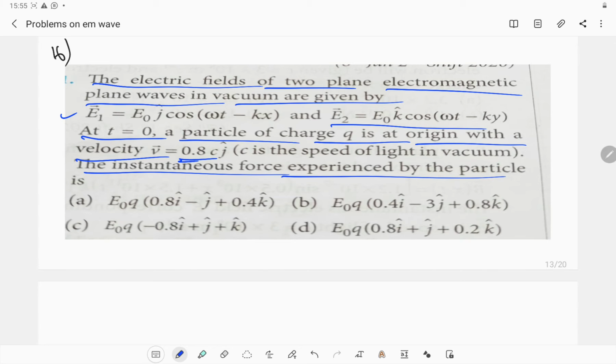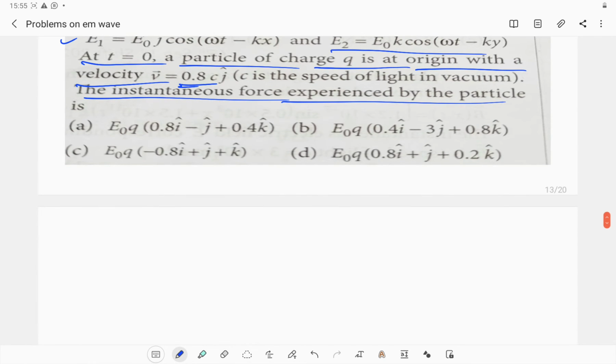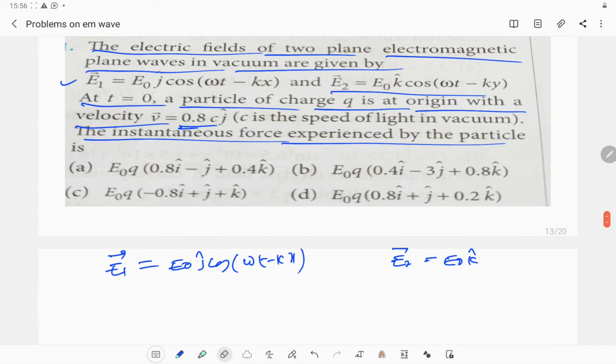Here two electric fields are there, then I have to find out the corresponding two magnetic fields. First one, E1 bar is equal to E naught j cap cos omega t minus kx, and E2 bar is equal to E naught k cap cos omega t minus ky.